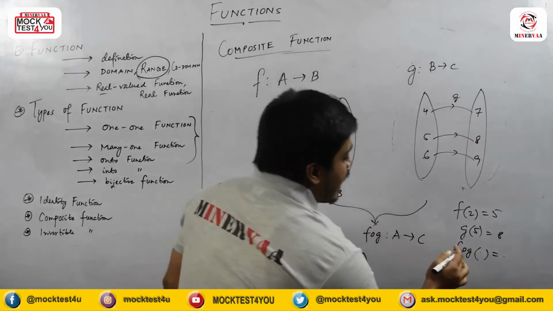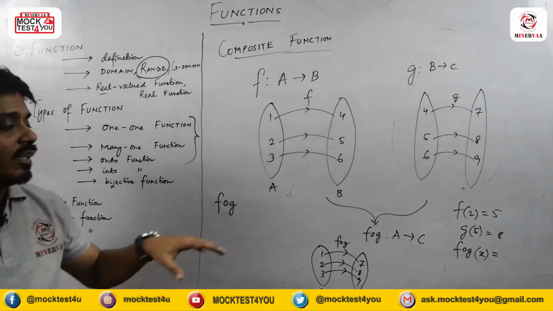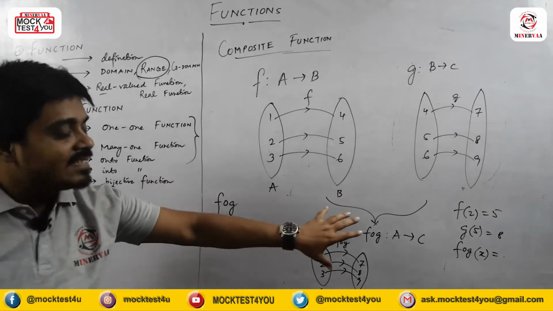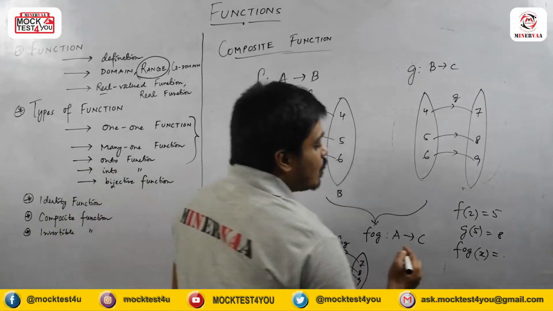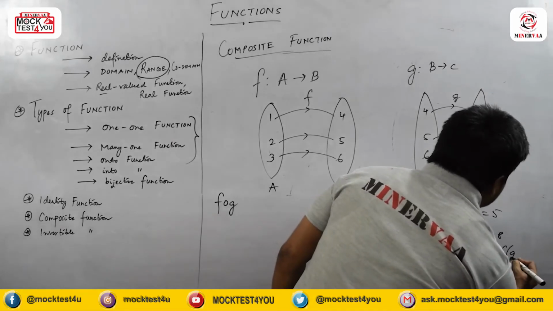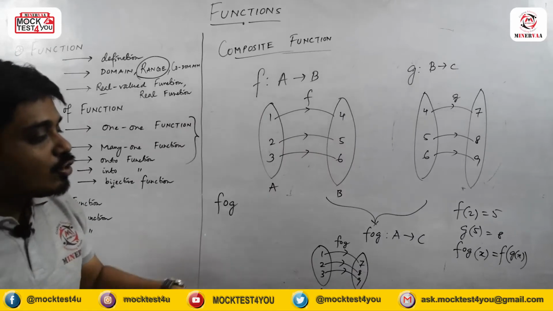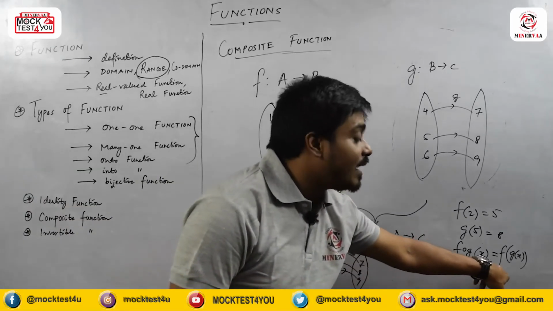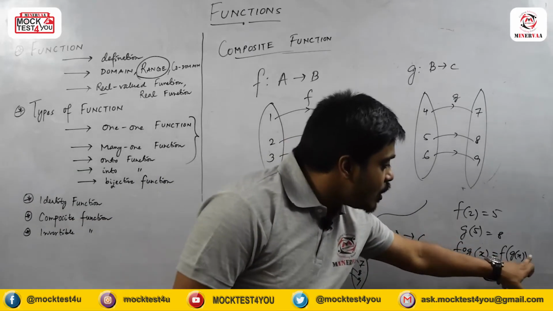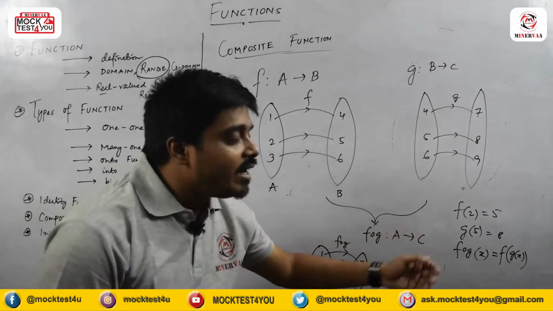Fine. F of gx is equal to what? I will be denoting every single value in there; I'm just denoting the basic one. I will write this one as f of gx. So you put gx inside f. So that's how we write.